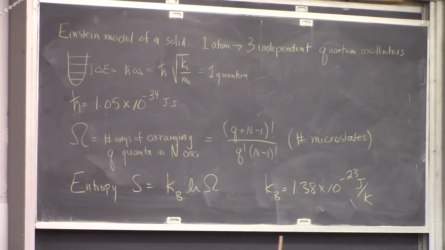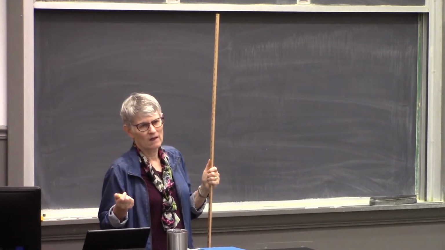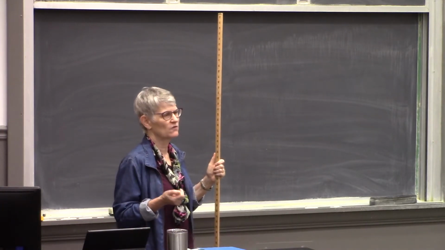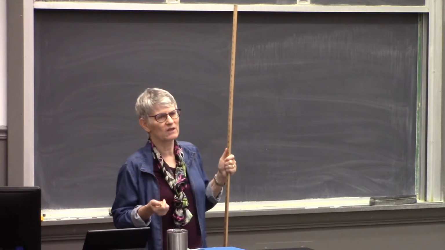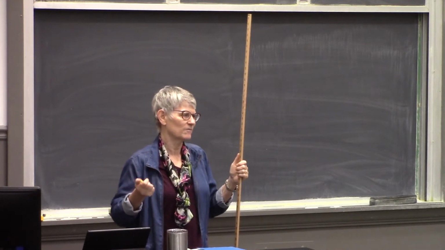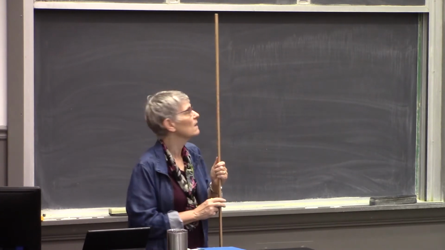And each of these arrangements is called a microstate. And there are lots of different microstates for one macrostate. A macrostate is just the total amount of energy you've got and the number of oscillators you've got, the size of the particle.